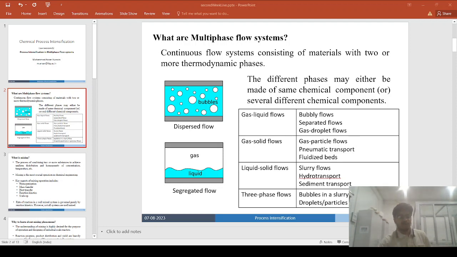So if you have a very high wall surface available for a given liquid volume, heat transfer through the wall would be significantly enhanced in microreactors compared to macro reactors. So the solid heat transfer will play a very important role and has to be accounted for when designing microreactors.